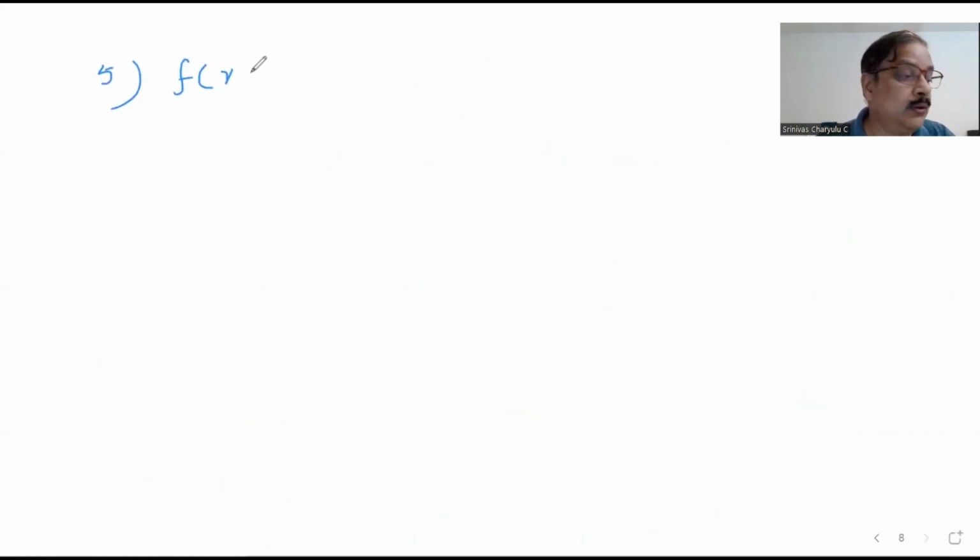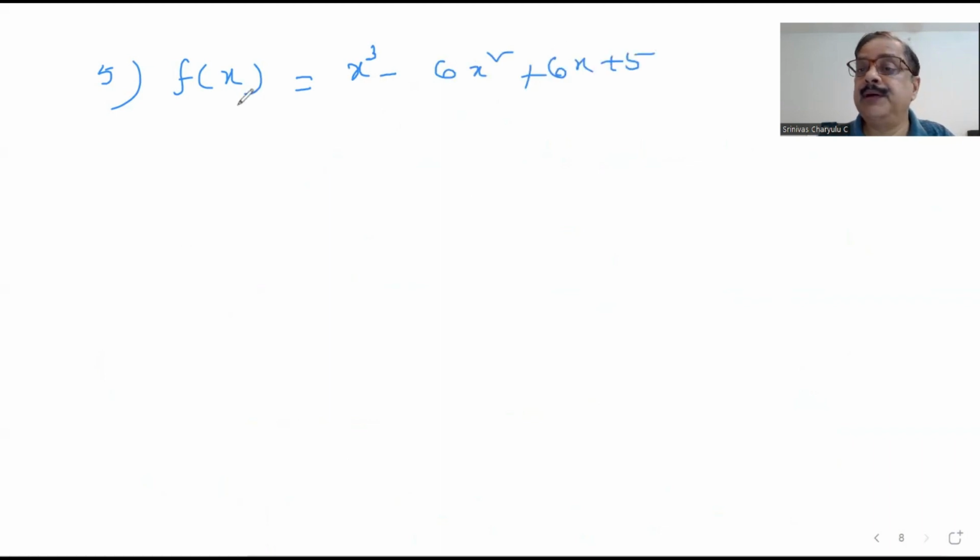f of x is equal to x cube minus 6x square plus 6x plus 5. So here first f dash x we will do: 3x square minus 12x plus 6.